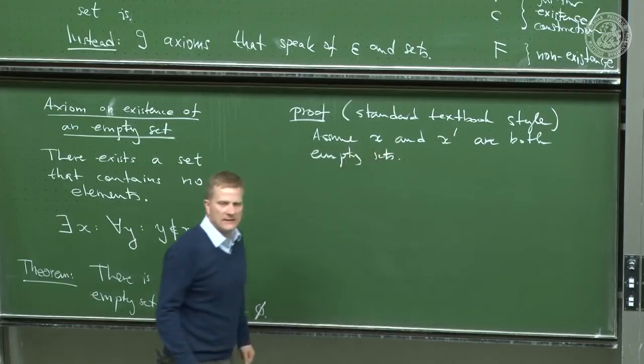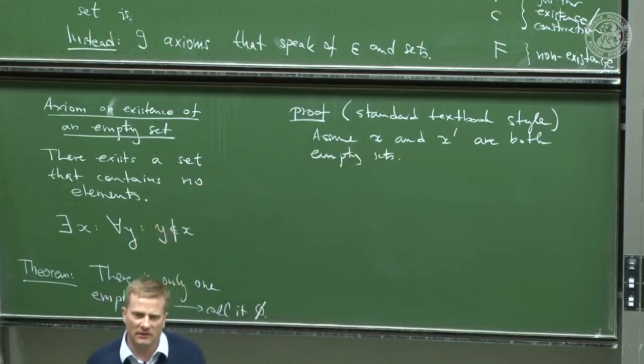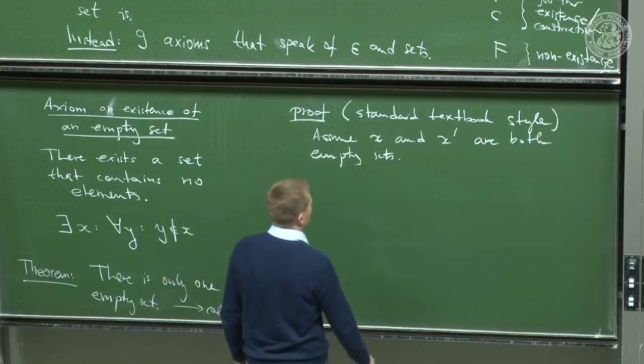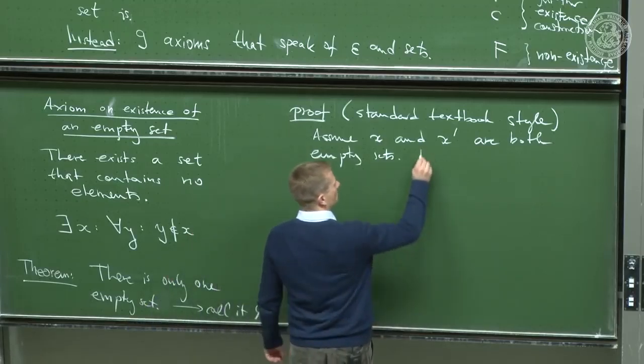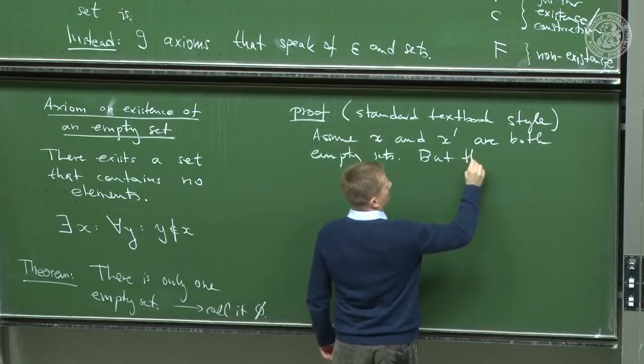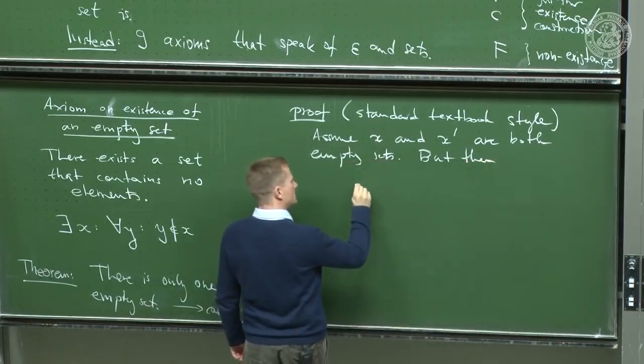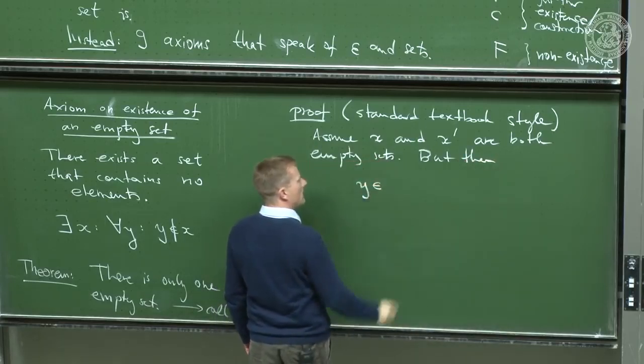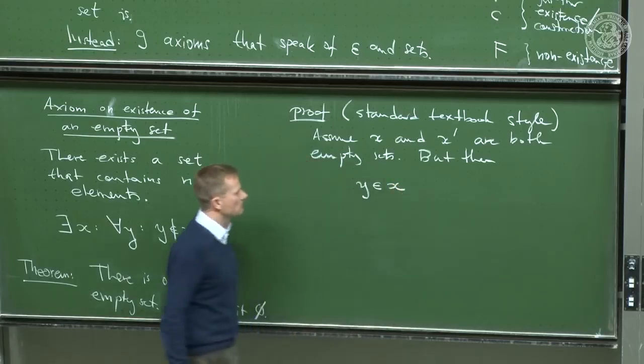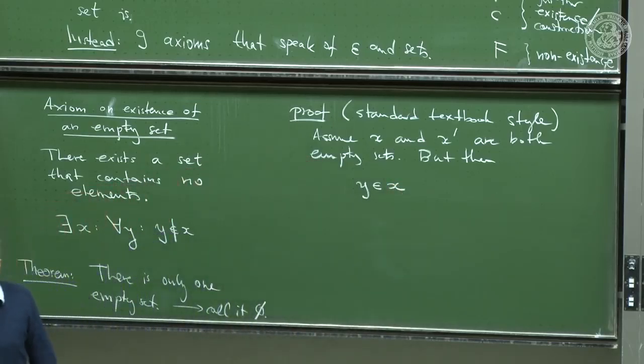How do we prove that there's only one? Well, we have to show that this assumption leads to the fact that x equals x prime. So if two empty sets are always equal, then there's only one. If both are empty sets, then I can write down something like y is an element of x. And what do we know about this proposition?